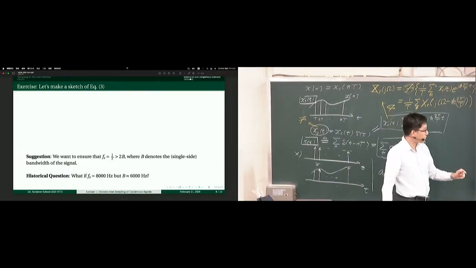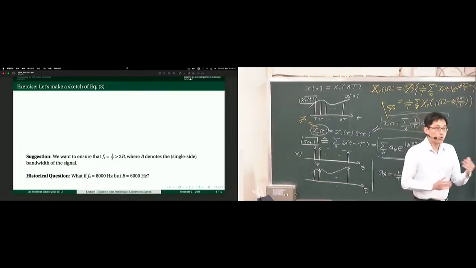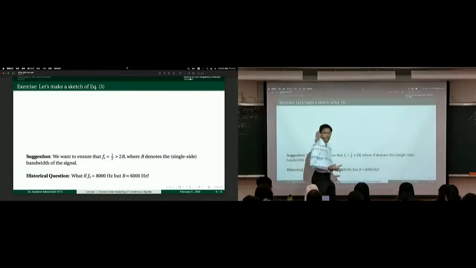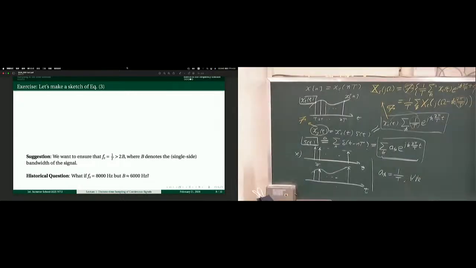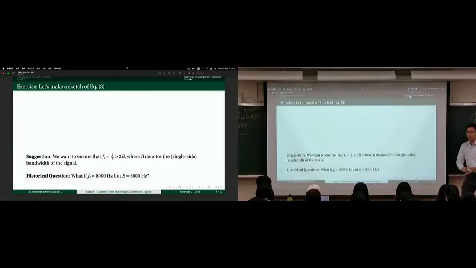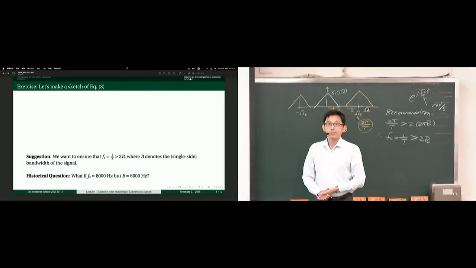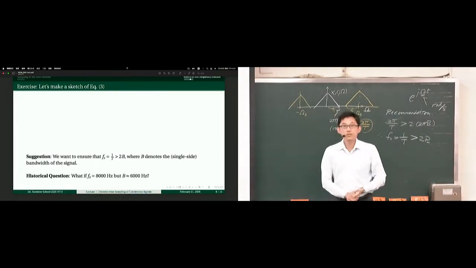But the problem is, landline is supposed to transmit speech signals, right? We talk over the phone, right? And it turns out that our speech signal has a bandwidth that is more than half of the sampling rate. Our speech signal contains components easily up to 6,000 hertz.